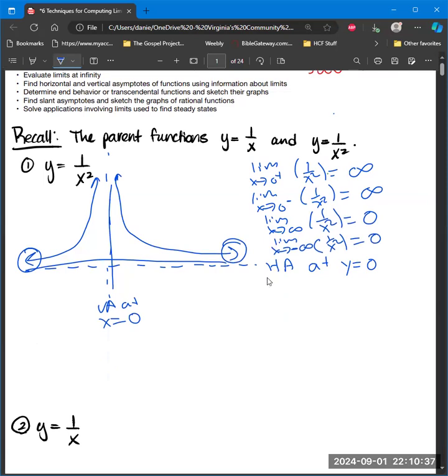At x equals 1, 1 over 1 squared is equal to 1. At x equals 1/2, 1 over 1/2 squared, so 1 over 1/4, is equal to 4.